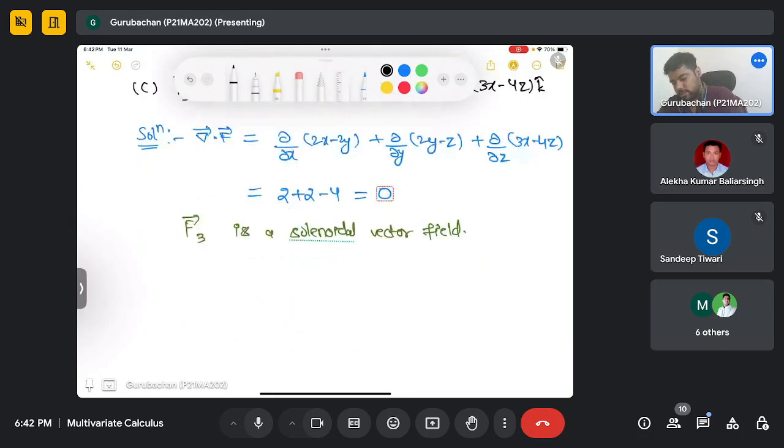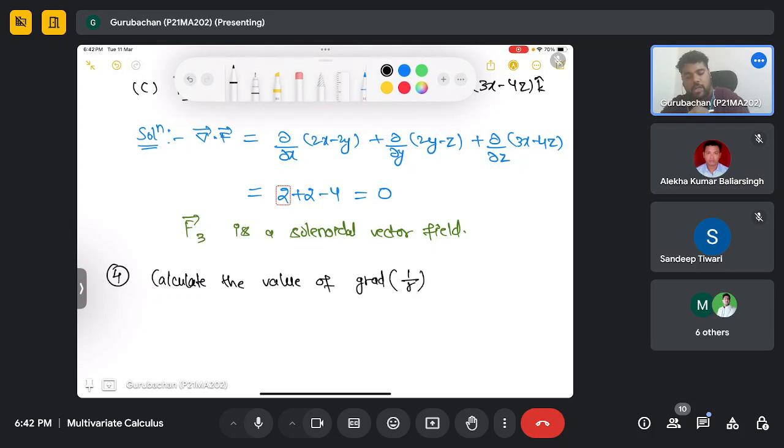Next one is somewhat related to this gradient part. Calculate the value of gradient of 1 by r, where vector r represents x i cap, y j cap, and z k cap.